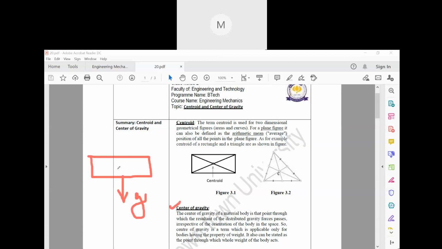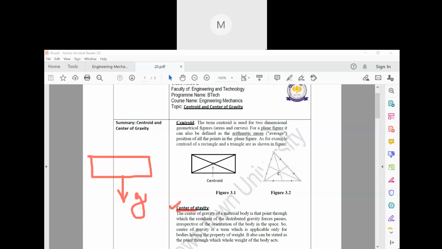That means it is the center point of a mass or a body from which the gravitational forces are assumed to act. That is known as what? Center of gravity or CG. Just remember that.